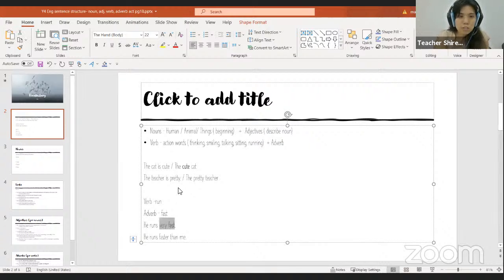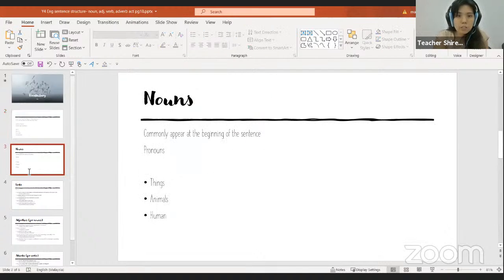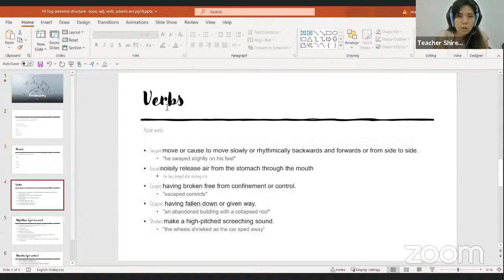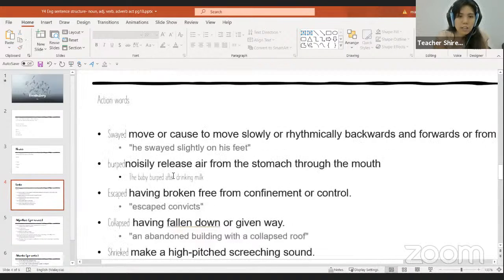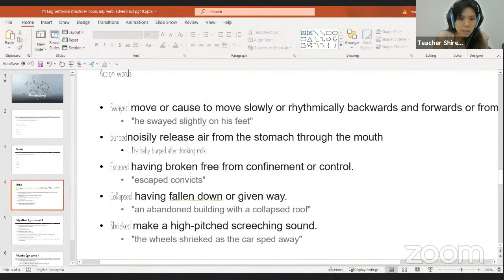So that's the difference. As we explained previously, things, animals, and humans are all types of nouns. Verbs are those action words.